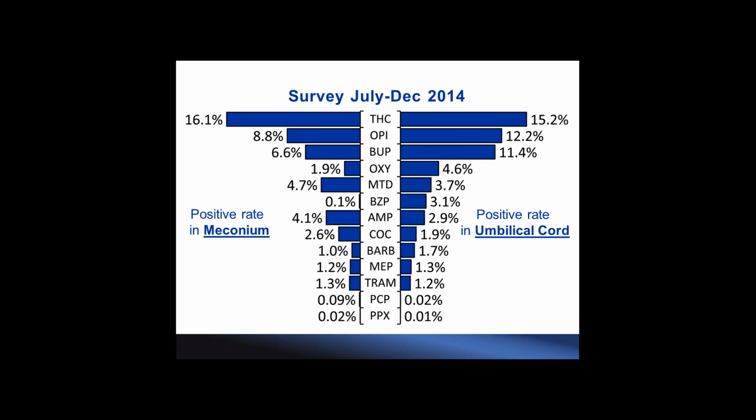So here are the results. The drug classes listed here are ranked by the positive rate we see in umbilical cord. THC is the highest, down to the least, PCP and pyrilamine. The positivity rates are shown here, and the umbilical cord results are on the right-hand side. For the same classes of drug, the positivity rates for meconium are on the left-hand side.